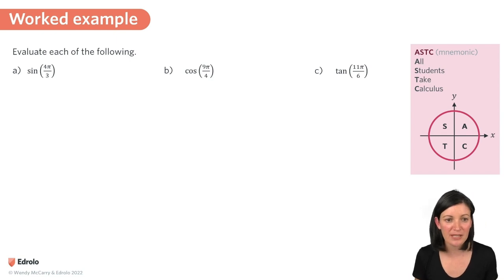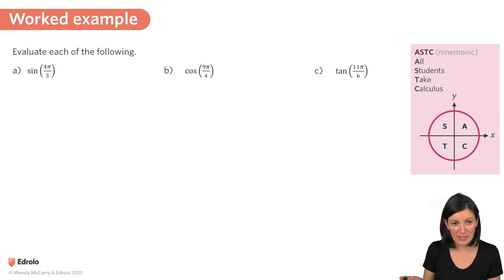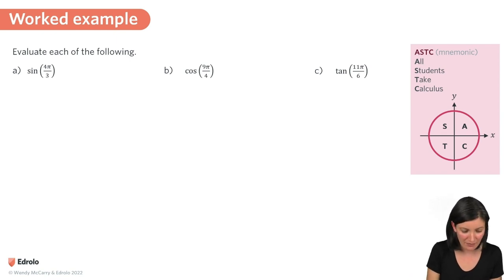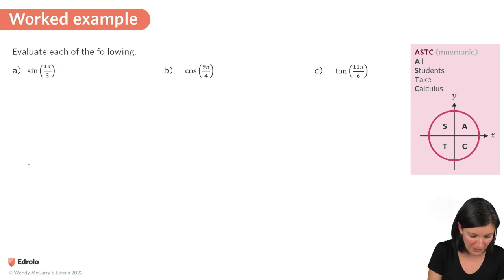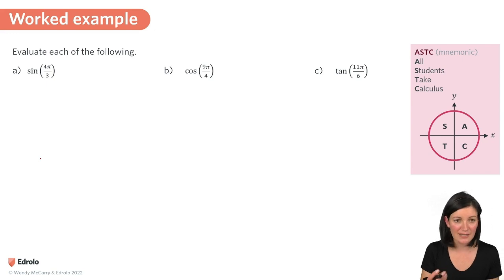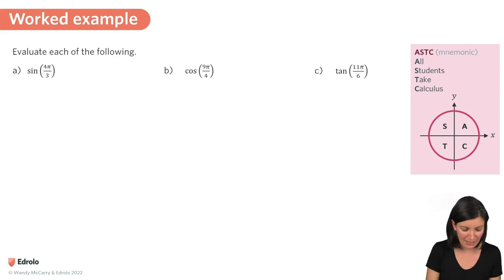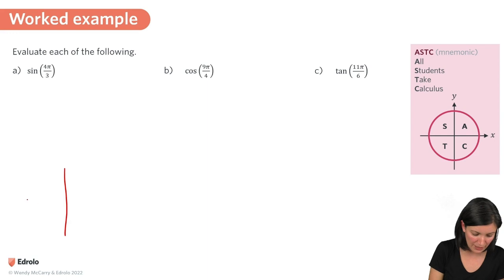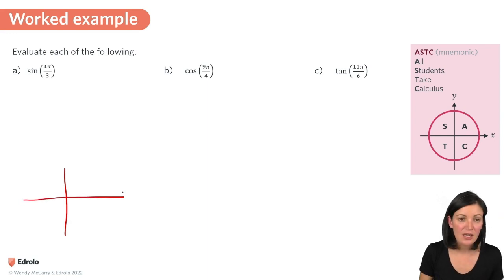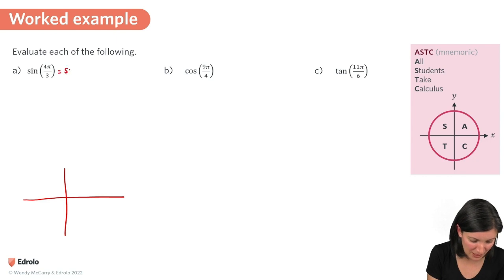We want to evaluate the sine of 4 pi on 3. The first thing we want to do here is identify a reference angle. What that means is, how far away is that angle from either of the x-axes? So I'm going to draw in my coordinate axes here. The sine of 4 pi on 3 is the same as the sine of 3 pi on 3, which is pi, plus pi on 3.